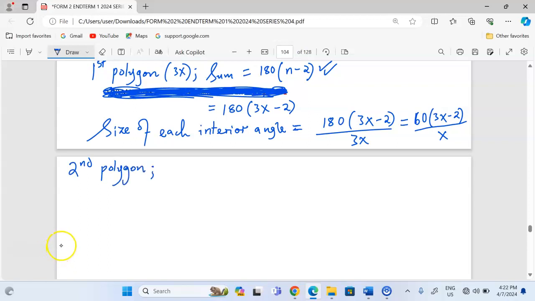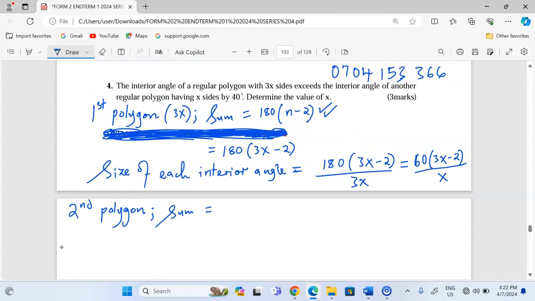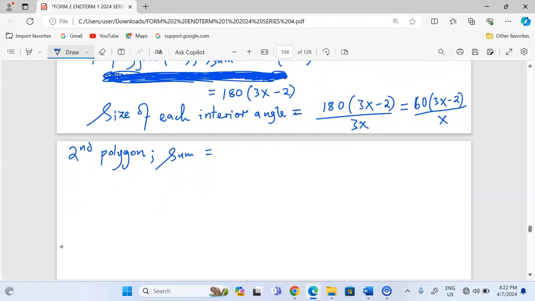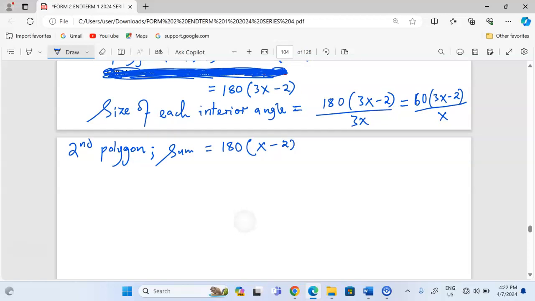Because we have already written the formula for the sum of interior angles, and we know the number of sides of the second polygon, we're going to have 180 into n minus 2, where the value of n is x, because we are told it has x sides, so that we may talk of the size of each interior angle.